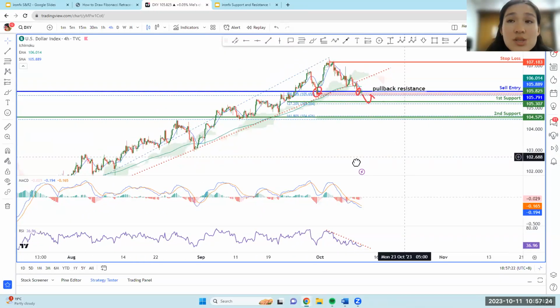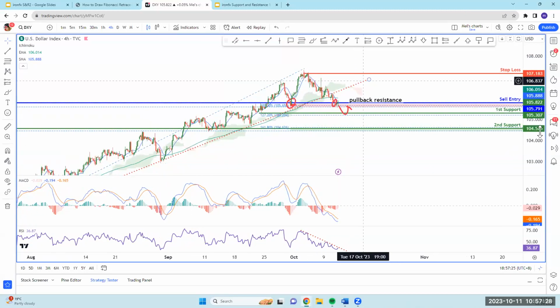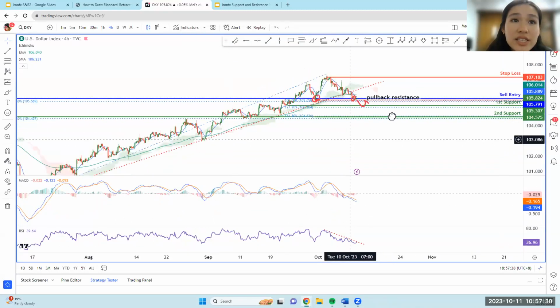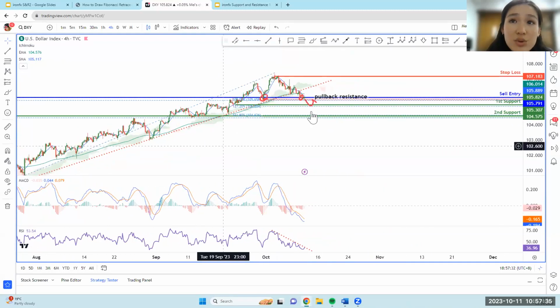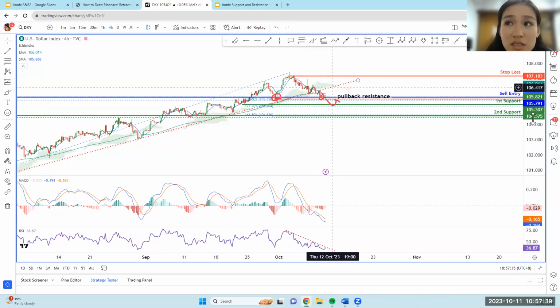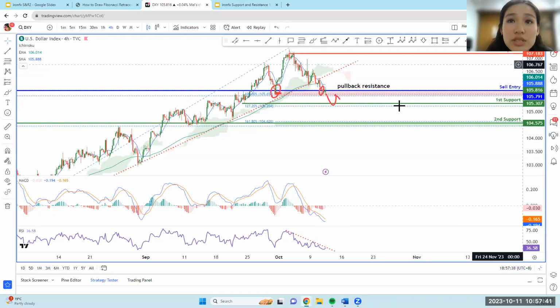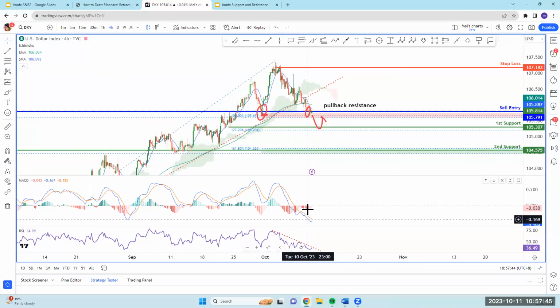Because of this ascending trend line, right? We have an ascending trend line here and price recently broke out of it, so it gives us a bearish signal. Then we also pulled out our indicators. You see our MACD is giving us bearish signals.